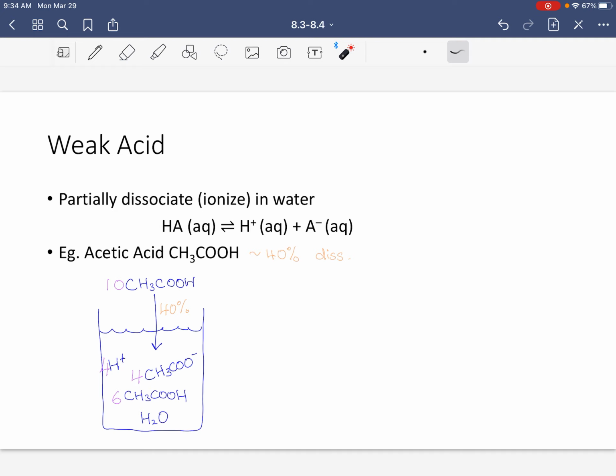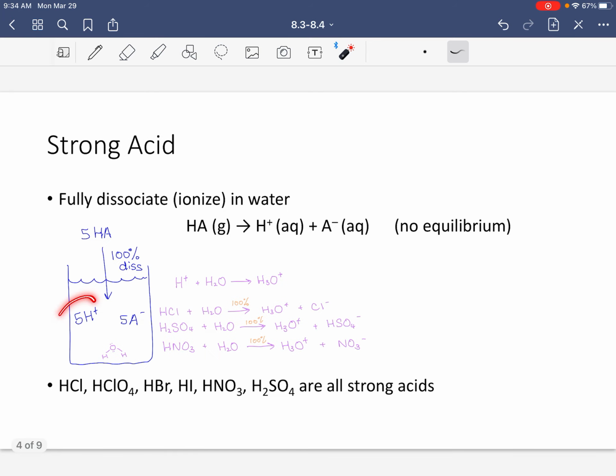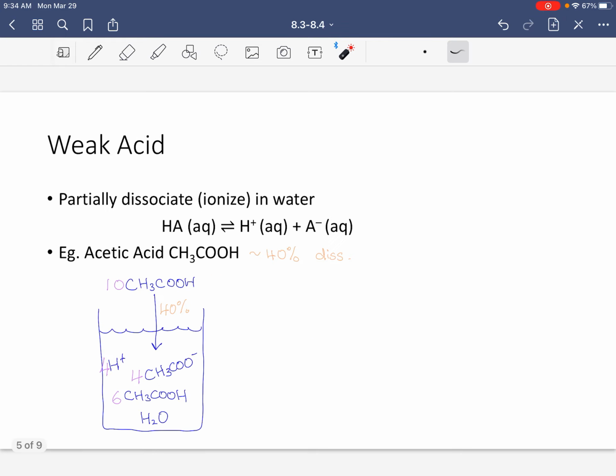That's what makes them weak, because you're not going to get as much of these compared to these. For a strong acid, you put 10 of these in there and you're going to get 10 of these. You're going to get lots of H plus, and pH is going to be low. For a weak acid, pH might be low if the concentration is very high, but if not, you're not going to get as much because they don't fully dissociate.